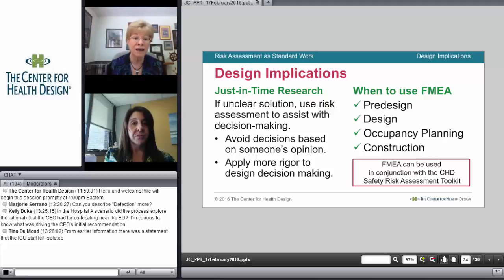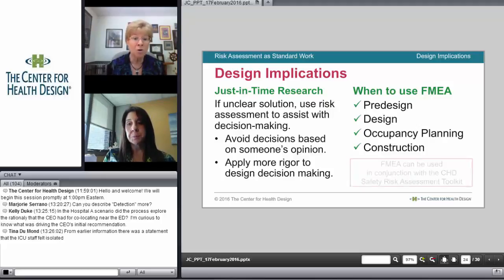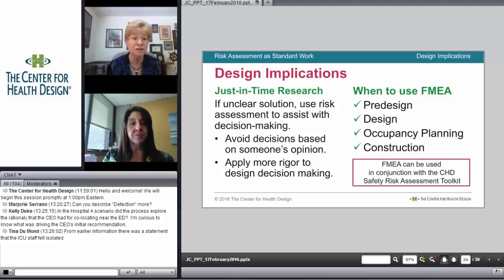And the great thing about this is FMEA can be used in conjunction with the Center for Health Design's Safety Risk Assessment Toolkit. So I hope that designers and architects are learning about the Safety Risk Assessment Toolkit. It is excellent that the facility guidelines is requiring it, for very good reason.